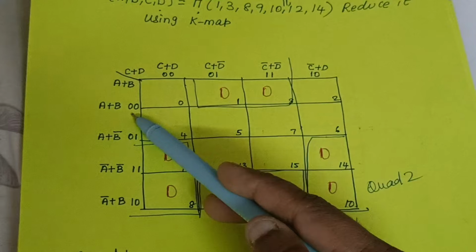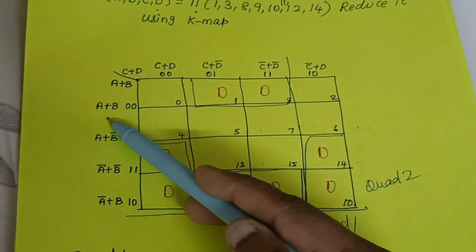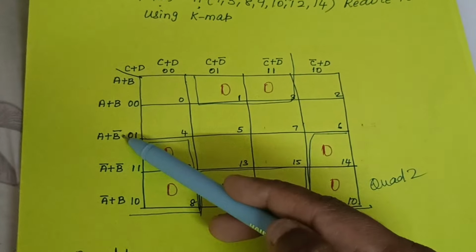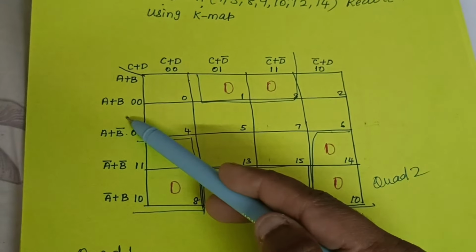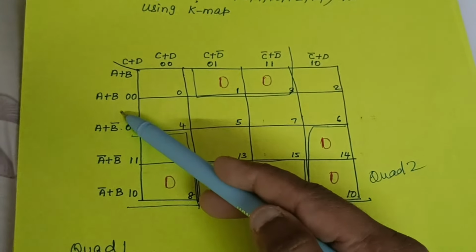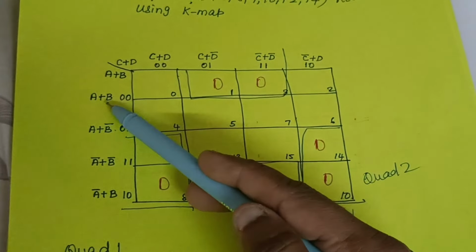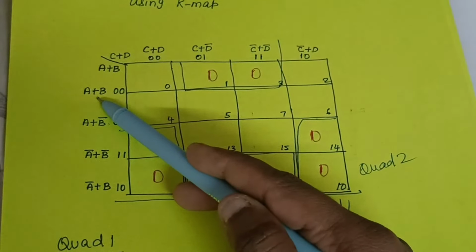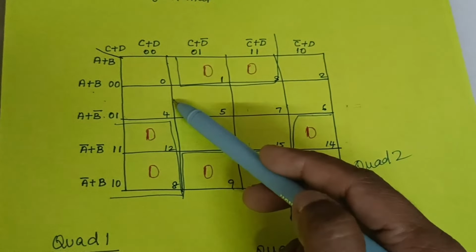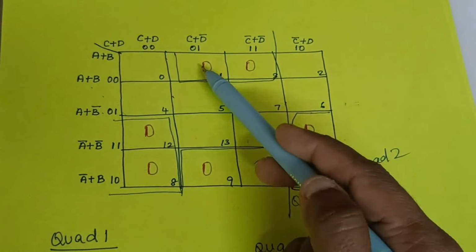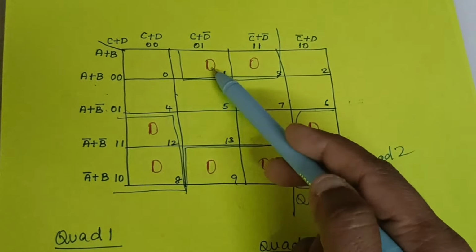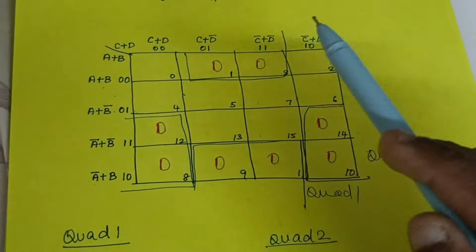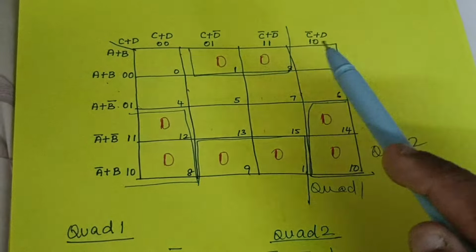But in POS, 0 means without complement and 1 means with complement. In SOP, between the variables we do not mention any symbol, which means multiplication. But here you have to mention the addition symbol. That is another change. And in SOP you mark 1, but in POS you mark 0. The remaining mapping concept is the same in both SOP and POS.